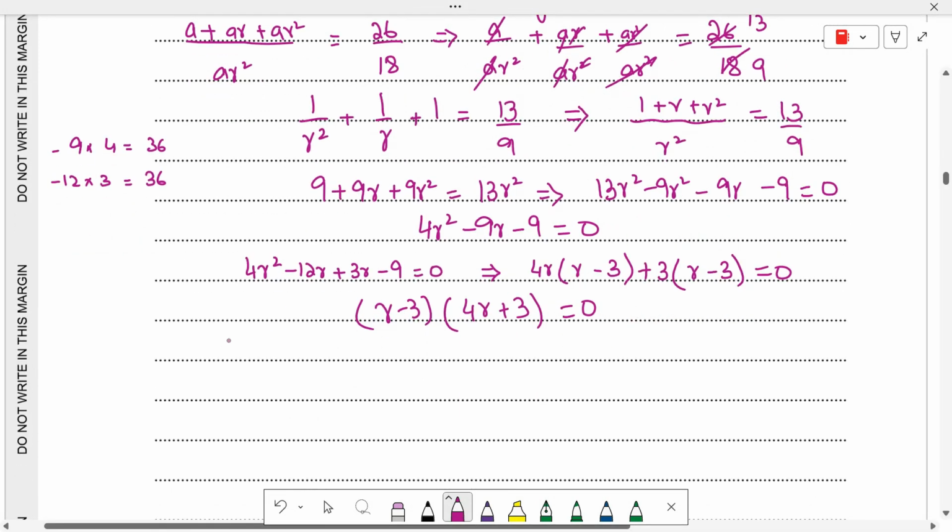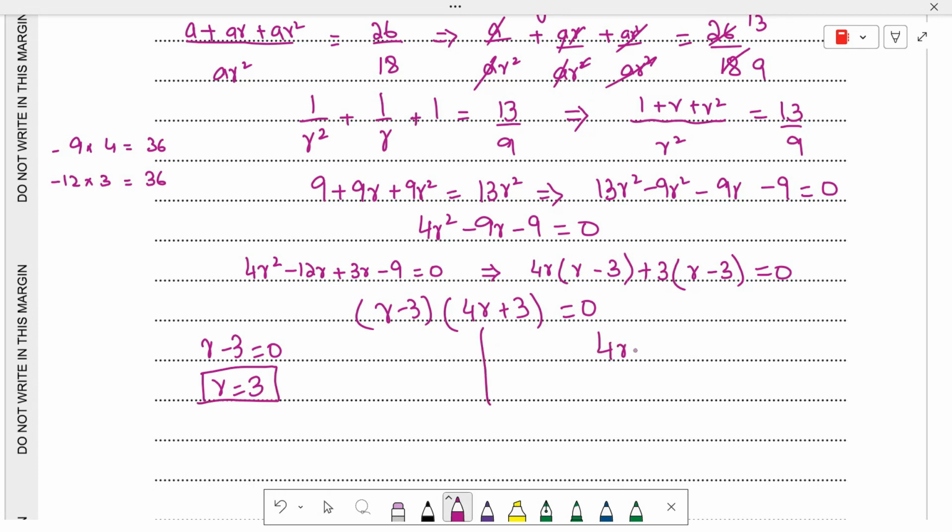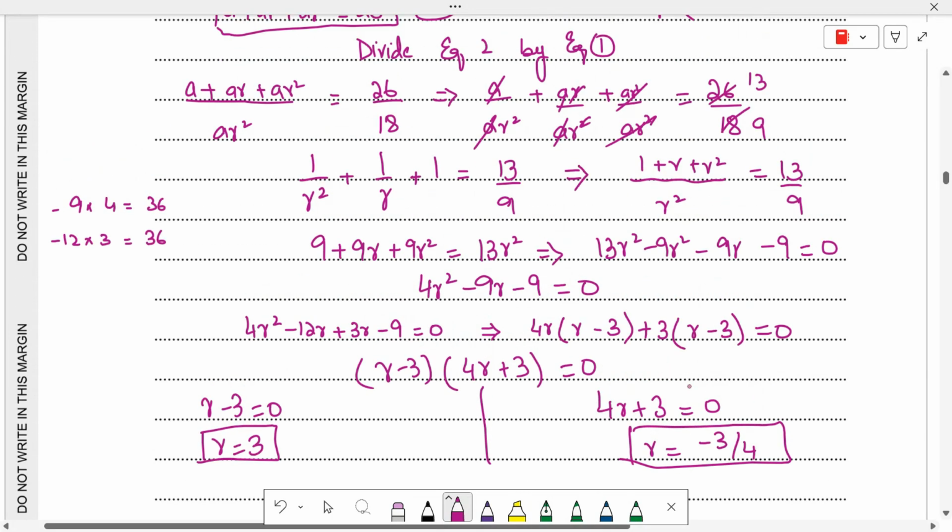Equating each with 0, we have r minus 3 equal to 0, so r is equal to 3. On the other side, 4r plus 3 equal to 0 gives r equal to negative 3 over 4. So we have one positive value and one negative value.